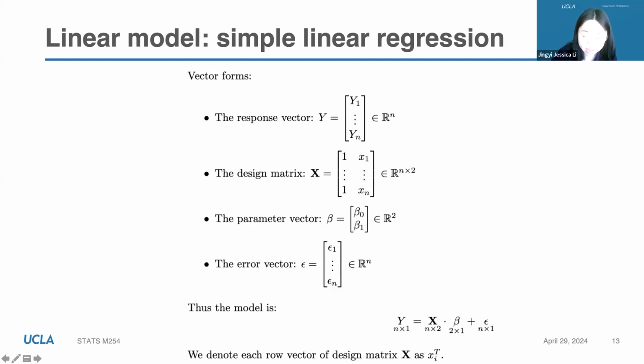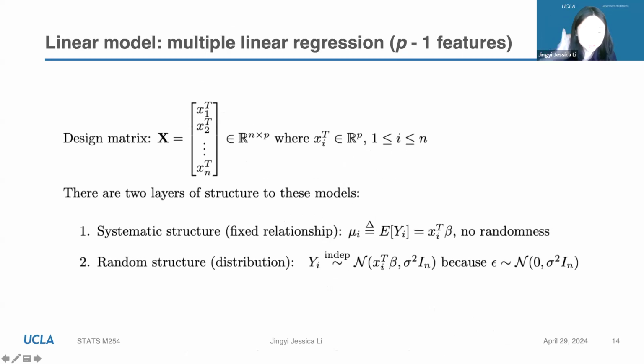Following that, we denote each row of the design matrix X as Xi transpose. This allows us to generalize. With the design matrix written as X1 transpose, X2 transpose, up to Xn transpose, an n by p matrix, we can write the linear model as a two-layer structure. This will help us understand the generalized linear model.